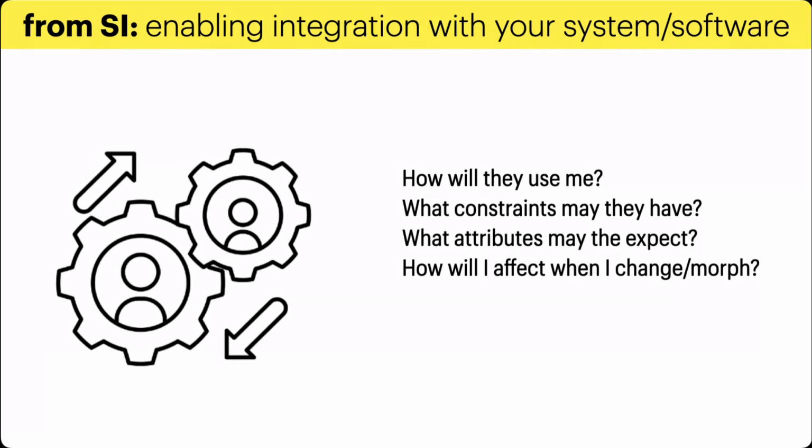That's the idea I was trying to bring up: how do I enable a smoother integration with my software? Or how can I ensure that it is smoothly integratable with my software?